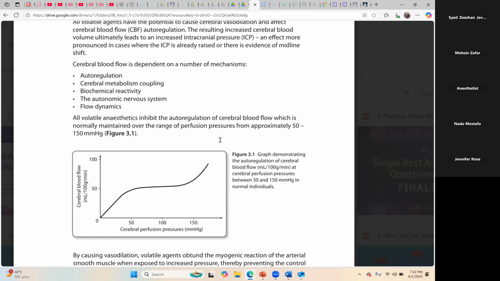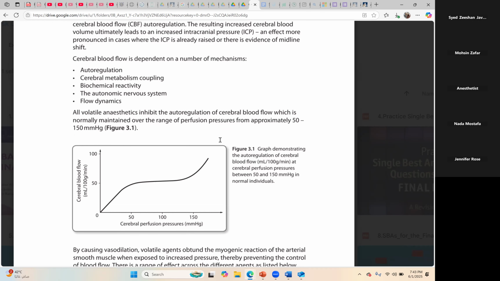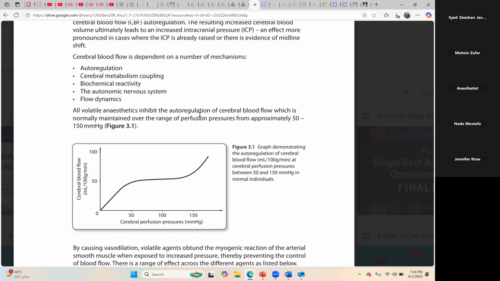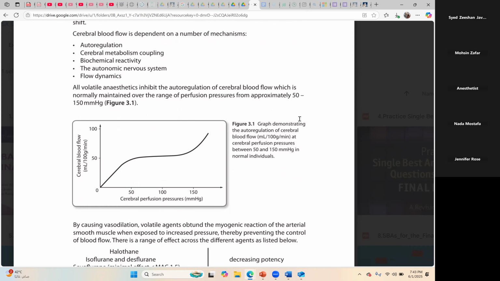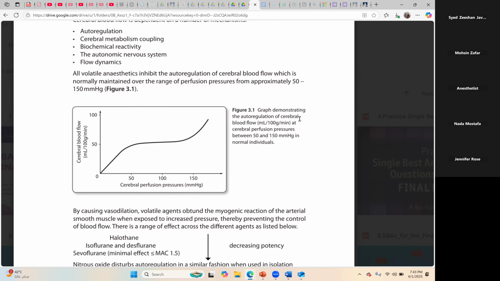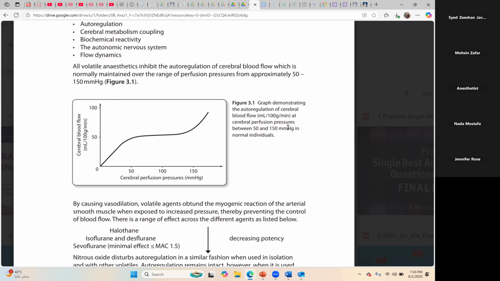Flow dynamics refers to the volume or blood flow through the vessels. All volatile anesthetics inhibit autoregulation, which is normally maintained over a range of perfusion pressures. In this text it is written 50 to 150, but actually it's usually 60 to 160. I don't know why they have written it like this.